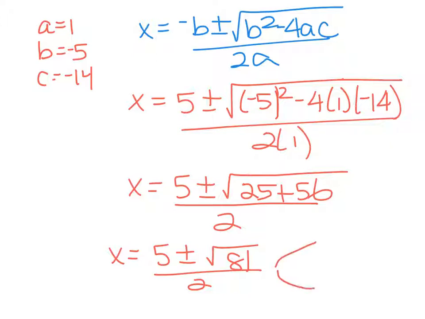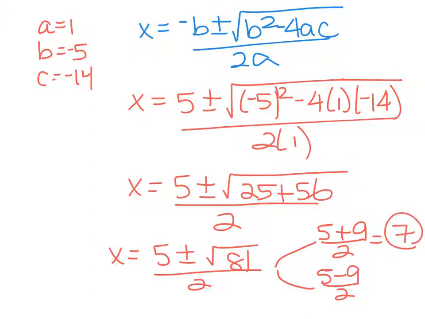And I'm going to split it up into our two solutions. We have 5 plus 9 over 2, and then 5 minus 9 over 2. 5 plus 9 is 14, divided by 2 is 7. And then 5 minus 9 is negative 4, divided by 2 is negative 2. And we got the same two solutions as we did when we factored.